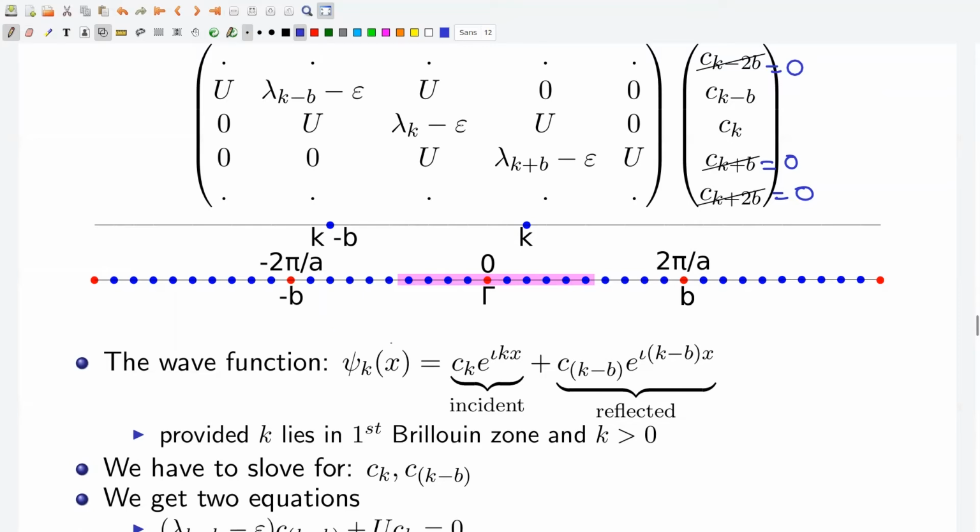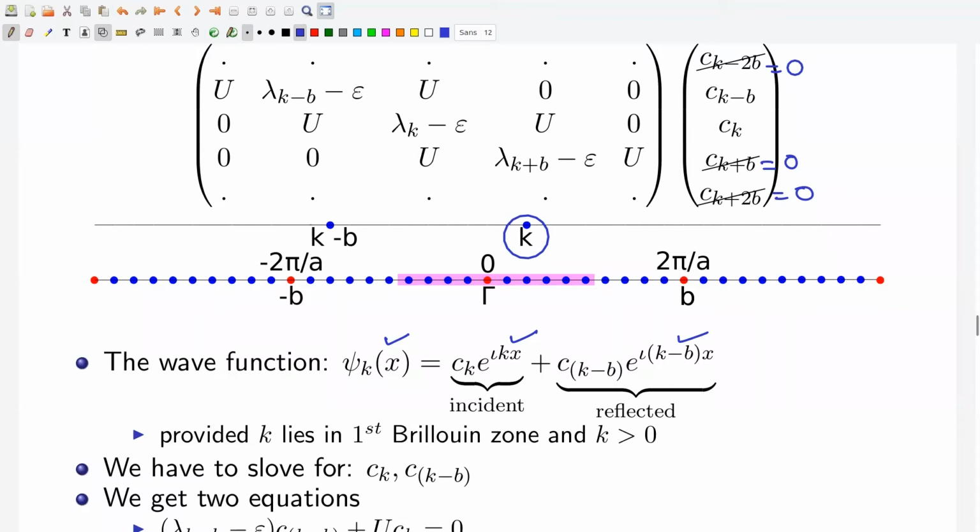Thus, the wave function is psi_k(x) equals c_k e^(ikx) plus c(k minus b) e^(i(k minus b)x). Note that we have taken k to be positive and lying in the first Brillouin zone. That means c_k times e^(ikx) is a wave traveling from the left to the right of the lattice.